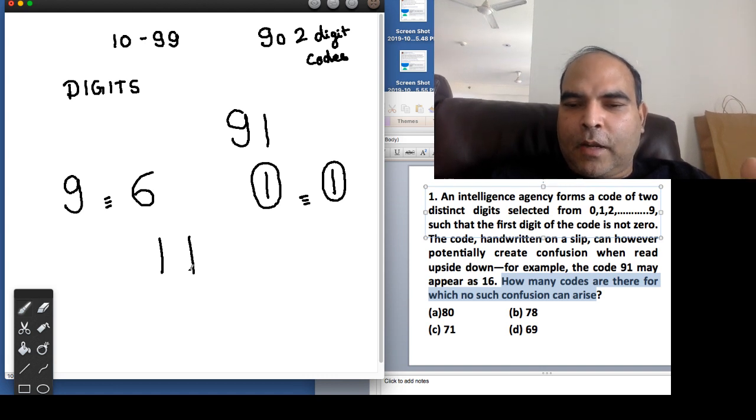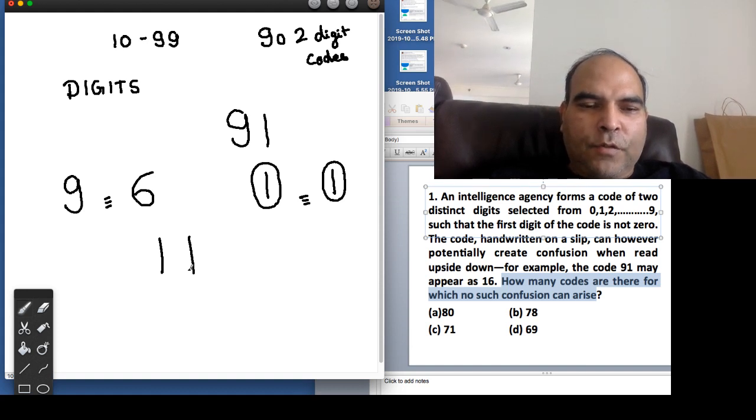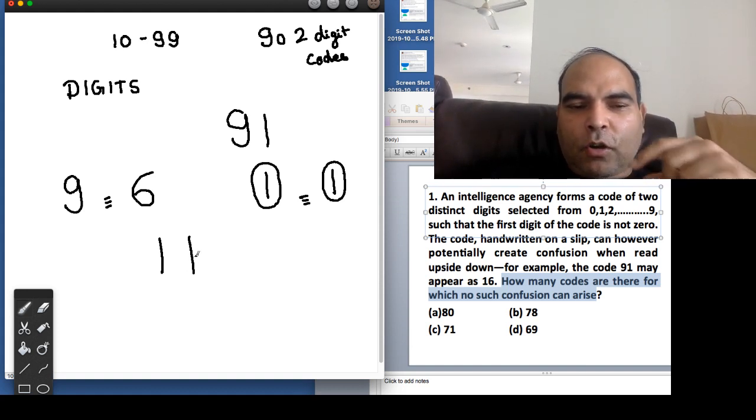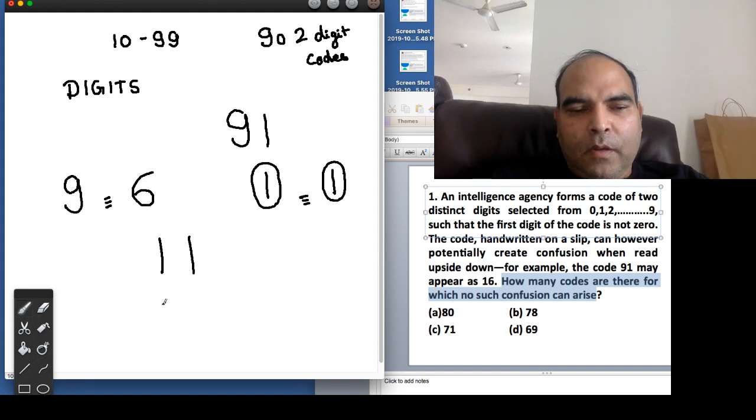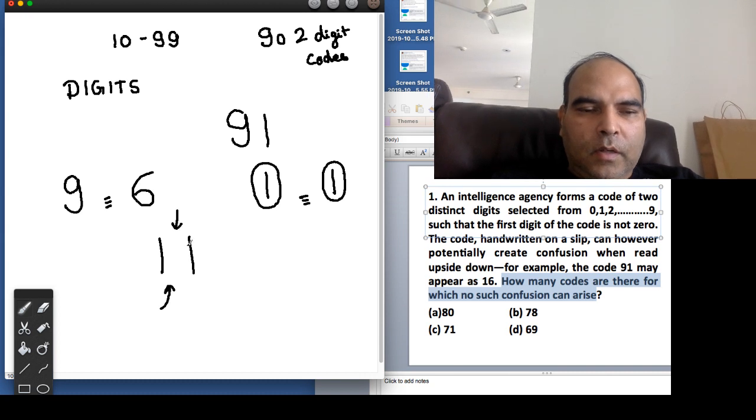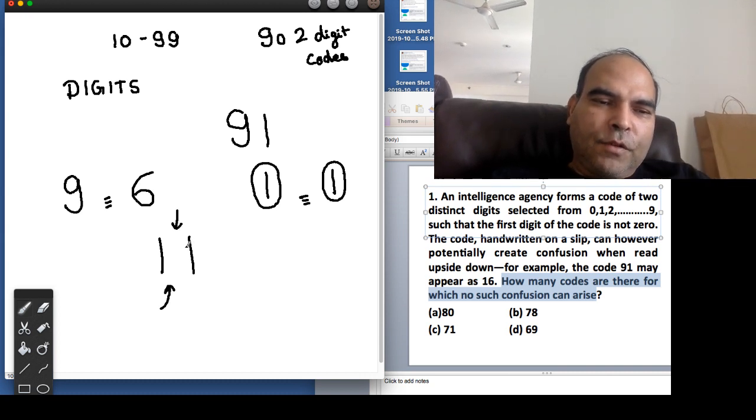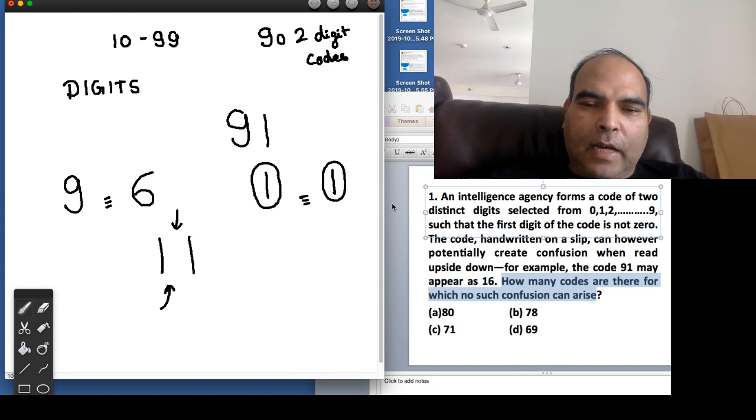But 11 will not cause a confusion, because 11, if you invert it, will still look like 11. But 91 will cause a confusion because it looks like 16, as the example stated.